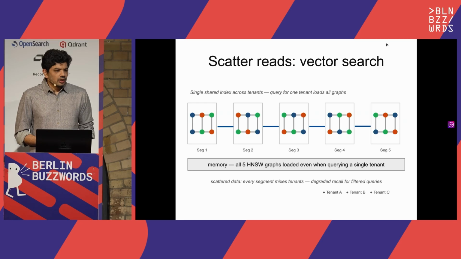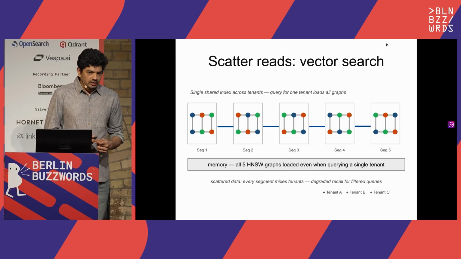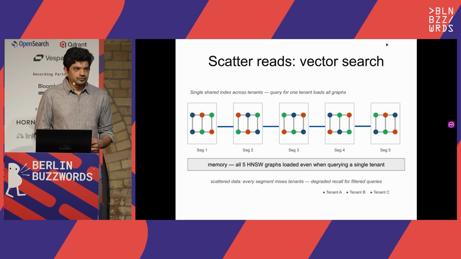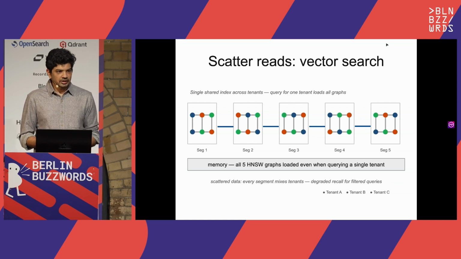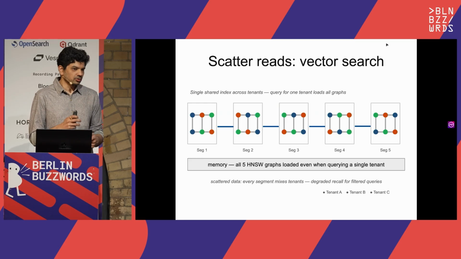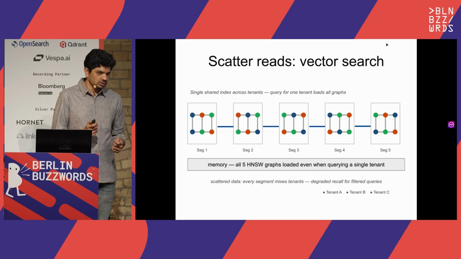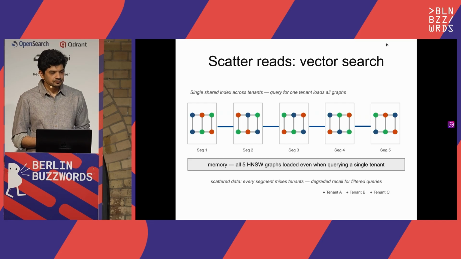Now, take an example of an organization which has a single index, and that index has embeddings for various other teams. Most of the time, the query patterns are such that a particular team will only filter out their data and then search for the nearest neighbors.